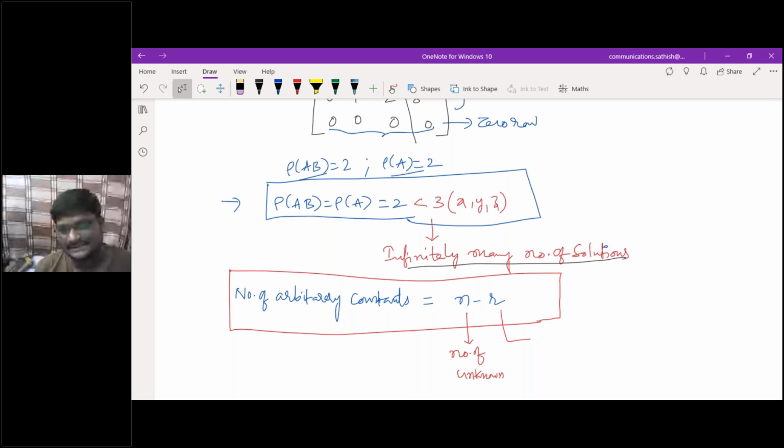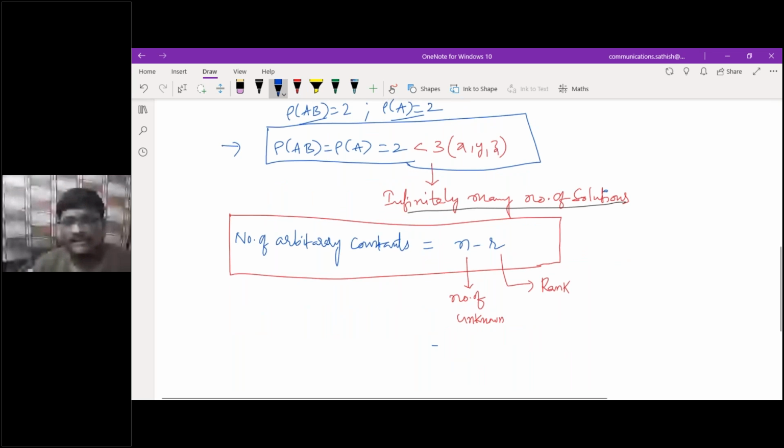Then r is the rank of the matrix. Am I correct or wrong? Yes. Now can you tell me what is the number of unknowns in this problem? Unknowns are 3, and rank is 2, so n minus r is 1. And we need to select one arbitrary constant.